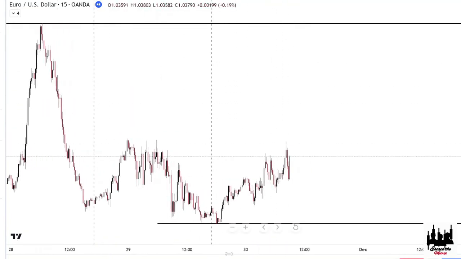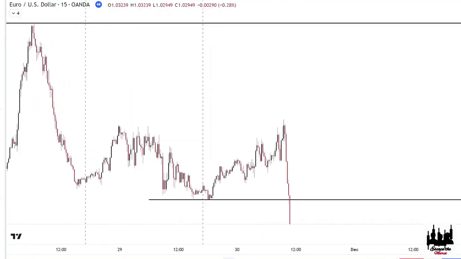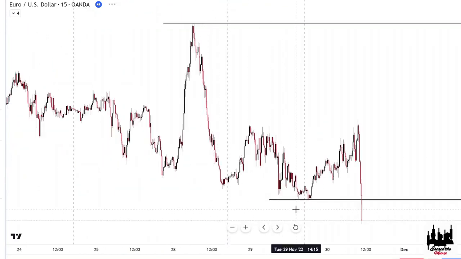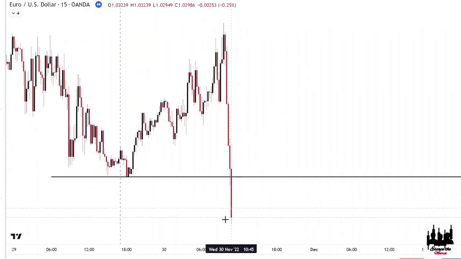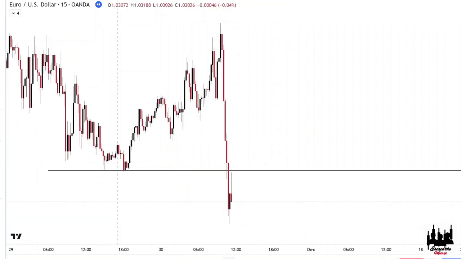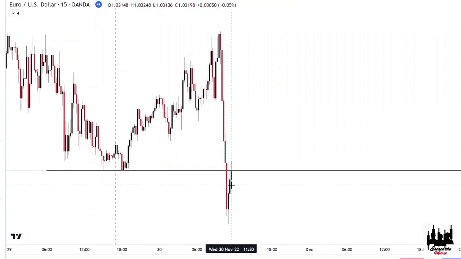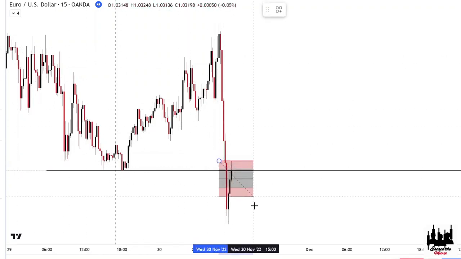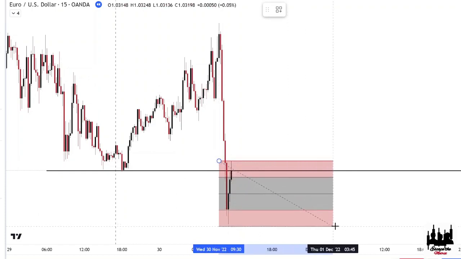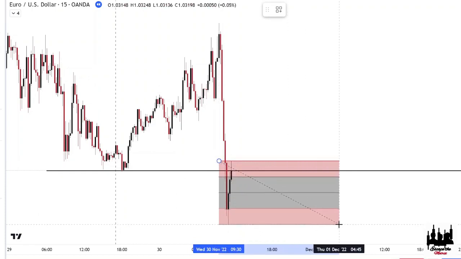So price takes out Mondays and Tuesdays low, and we're waiting for price to get back in the range. So now price got back in the range. As price got back in the range, we're going to pull out our fib, and we're going to wait for a 50% retrace. We're waiting for price to come back where? Back to fair price.